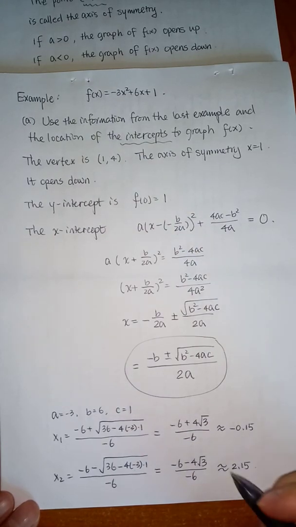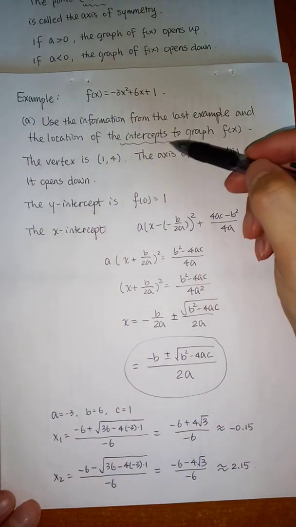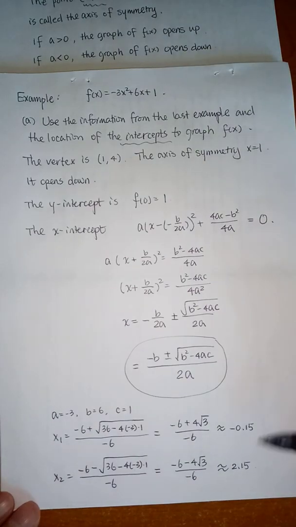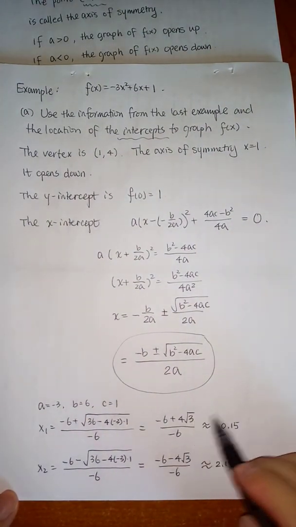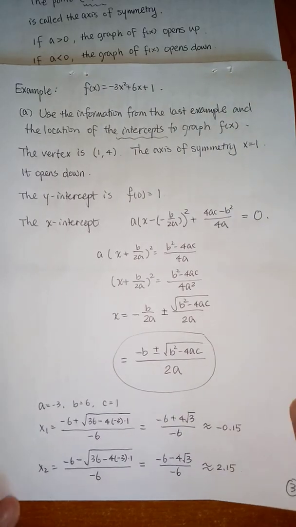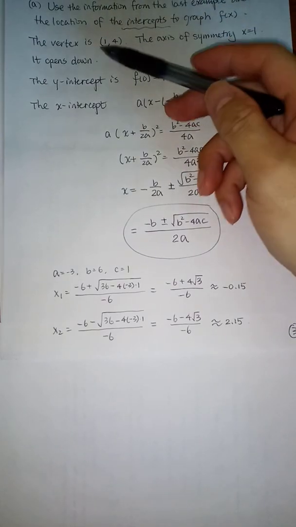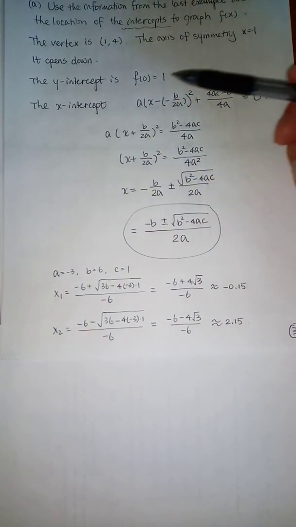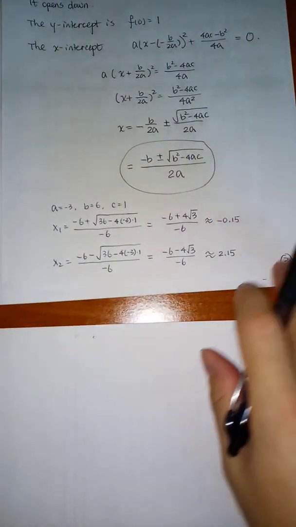In the exam, of course, you cannot use a calculator. Here we just try to demonstrate, and we want to get the location of the intercepts, so we must know the precise estimation, not just these symbols. Okay, so we have the vertex, symmetry, y-intercept, and x-intercept. Now let's try to graph it.